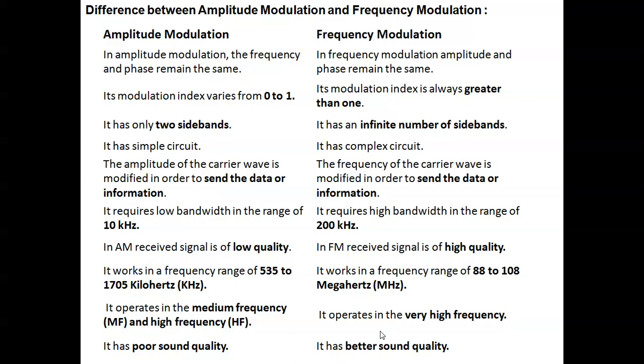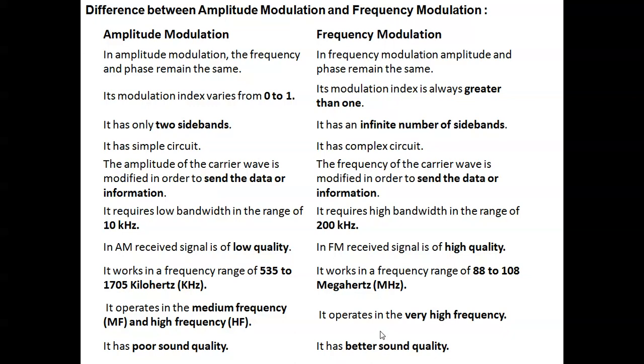For very high frequency you have to use frequency modulation; for medium or high frequency you can use amplitude modulation. For the frequency range 88 to 108 megahertz, you should use frequency modulation, and for the range 535 to 1705 kilohertz, you can use AM. Obviously AM is low quality and FM gives high quality. The bandwidth is 10 kilohertz for AM and 200 kilohertz for FM.